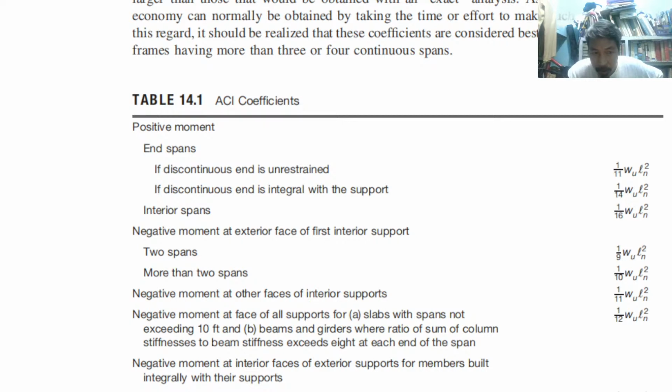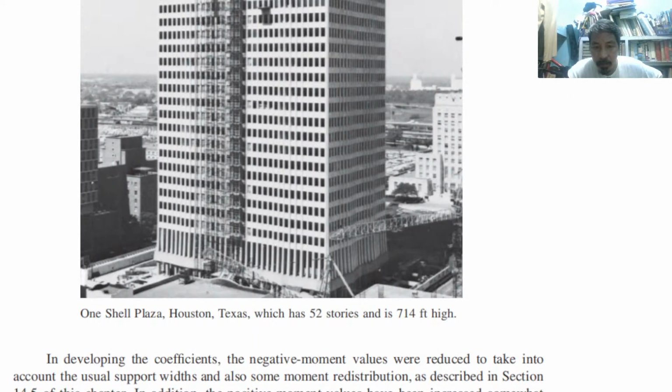Members at the face of the first interior support get 1.15, and at the face of all other supports, 1. So we just need to locate the first interior support. Shear in end members, take note, 1.15.